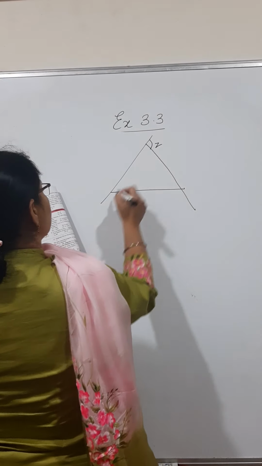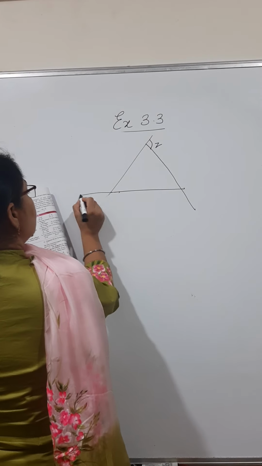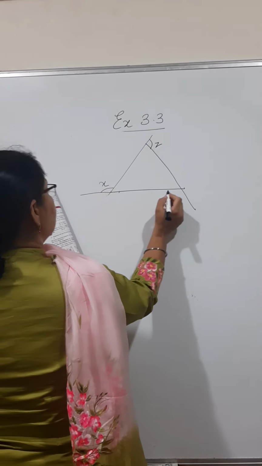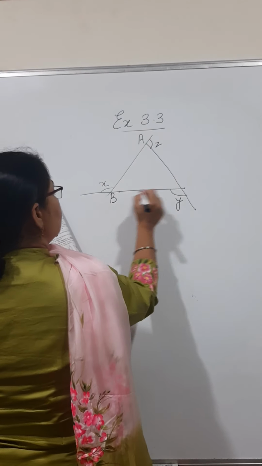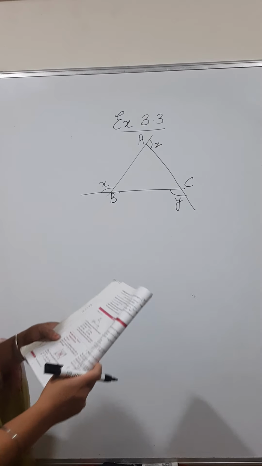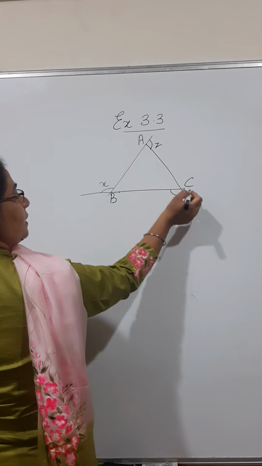This angle is marked z, this angle is marked x, and this angle is marked y. So this is A, this is B, and this is C. So we want to find the sum of the angles. Now what is the position of x, y, z?